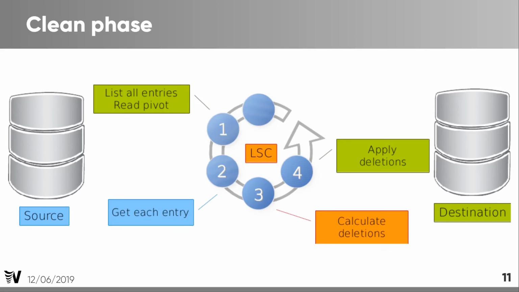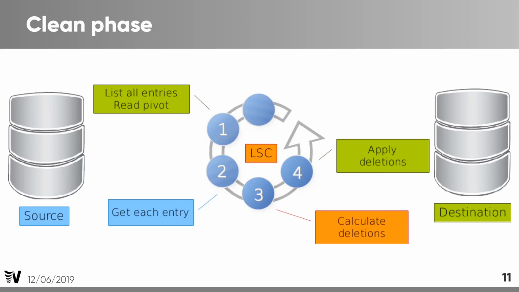The second phase is the clean phase, which is how you will delete your entries in destination. For this, the first thing that the connector does is list all entries from destination, and for each entry it will search into source to get the corresponding entry thanks to the pivot value.